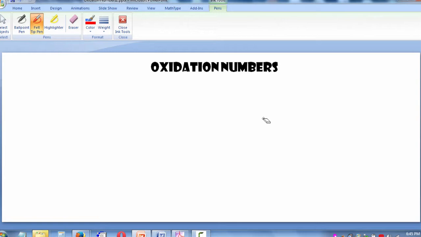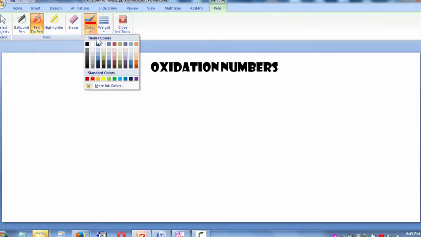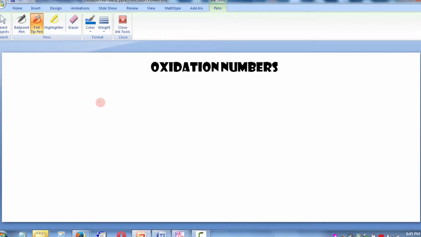All right, let's try one more. HClO2. So you remember from our rules that hydrogen, in the majority of cases, the cases we will deal with, will be plus 1.